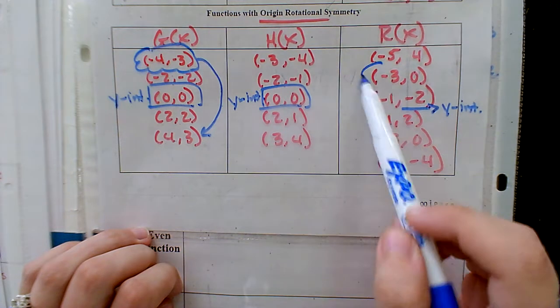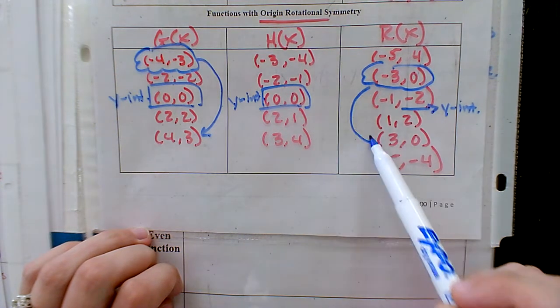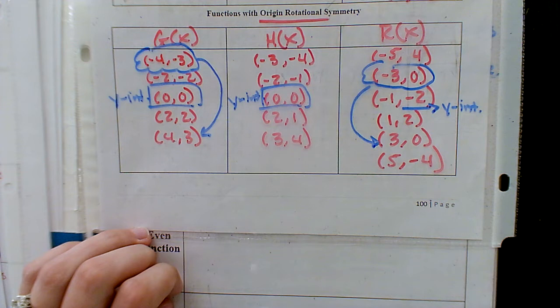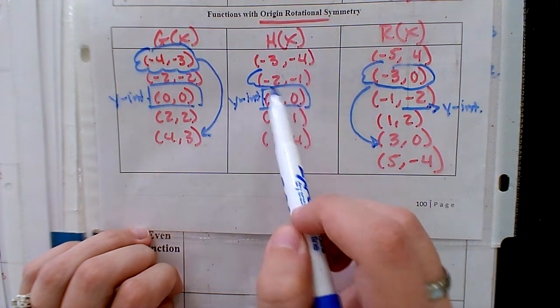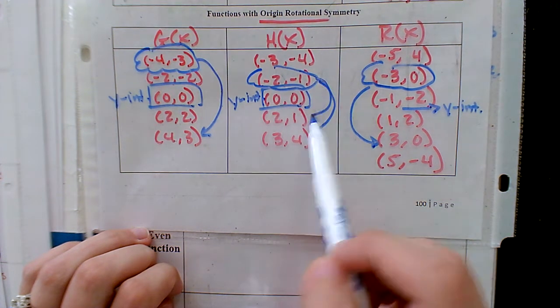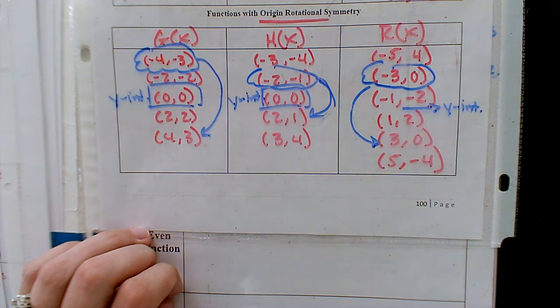Okay, if we check out some of the other points in the other graphs, looks like it checks out the same way. Oops, this one. Do we see that pattern? Both values switch or become negative?